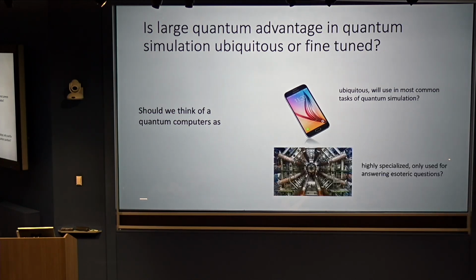Or should we think of it as being very fine-tuned, something very highly specialized? Just like the Large Hadron Collider, right? You only use it for very specialized things, but for those special problems, it's an incredibly important device. And I don't know the answer to the question, but I think this is something that we will begin to understand in the years to come.